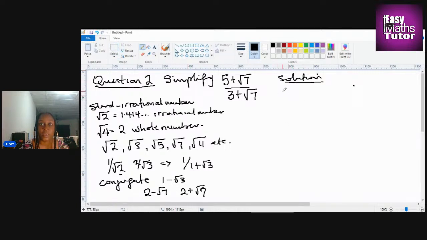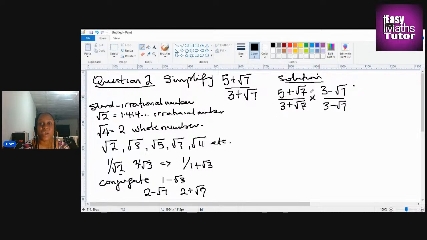So we'll say (5 plus root 7) all over (3 plus root 7) times (3 minus root 7) all over (3 minus root 7). We're going to multiply this quickly.